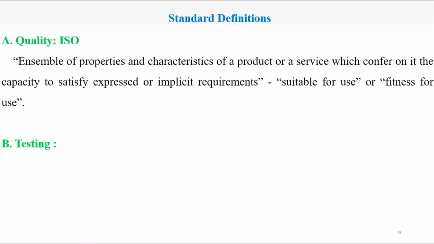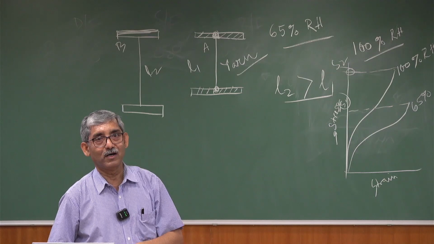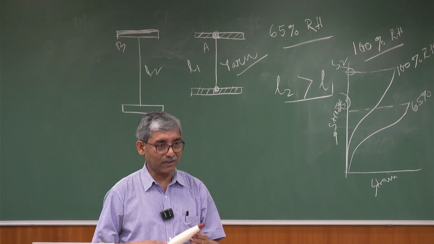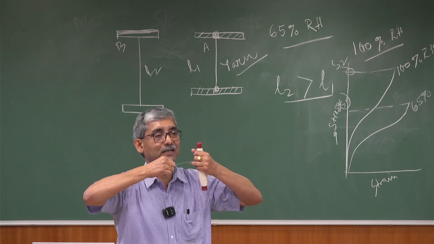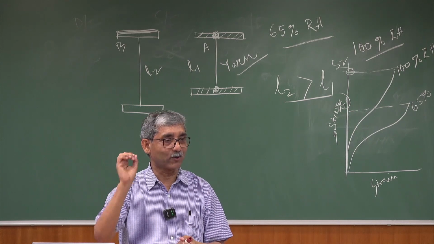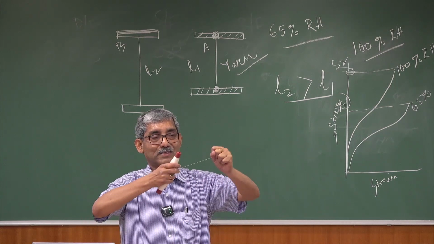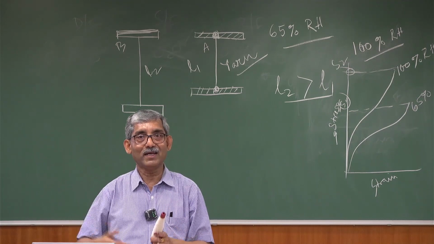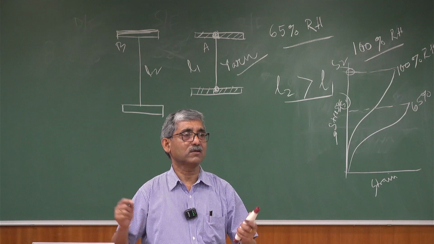Next is testing. The definition of testing is a means of determining the quality of an item like yarn. I want to determine the quality, here the strength and characteristics of the yarn, to meet the specified requirement by subjecting it to a set of physical, maybe chemical, or environmental or operating actions or conditions.